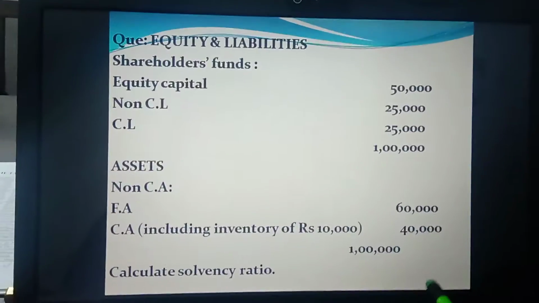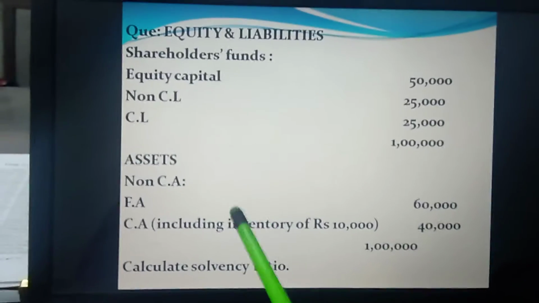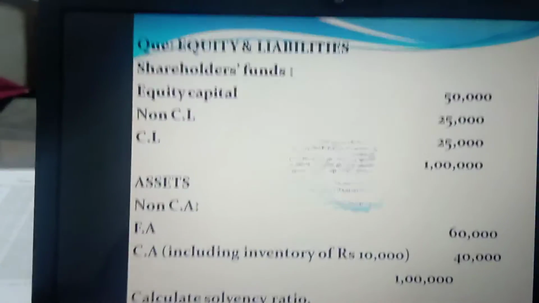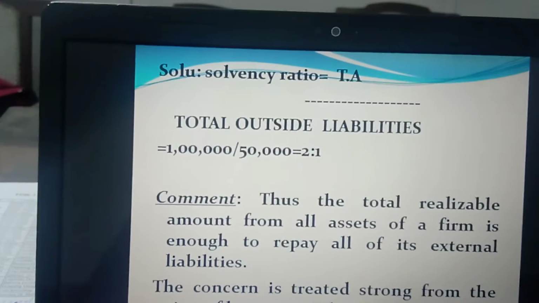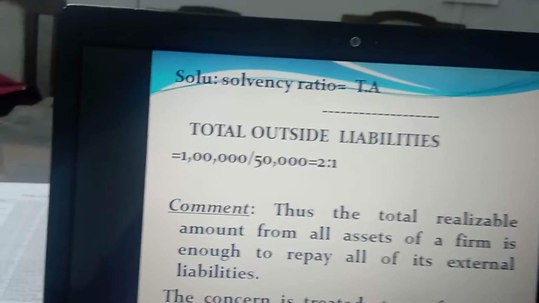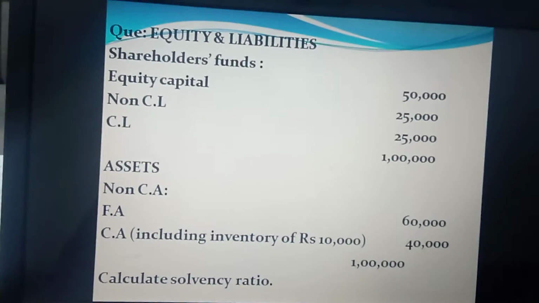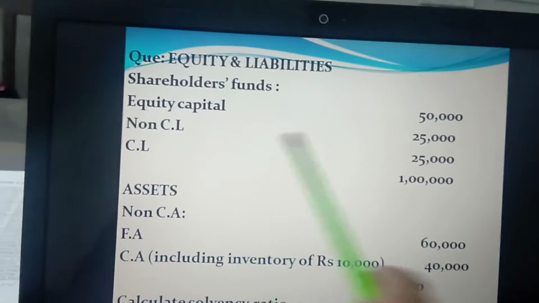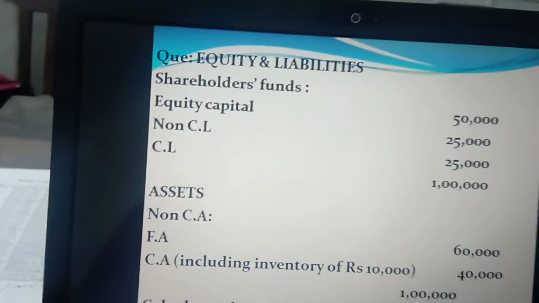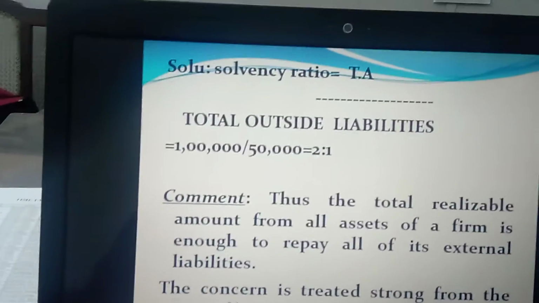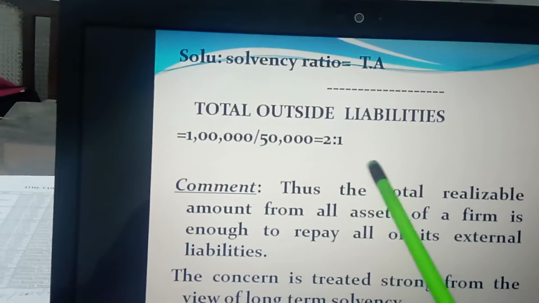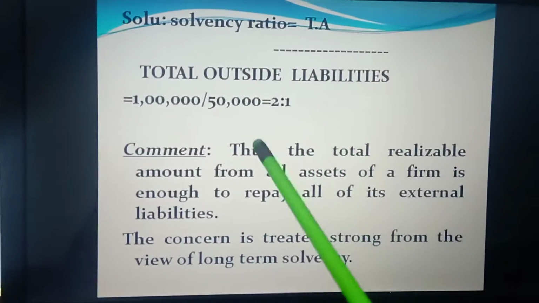Here we take all the totals, all the fixed assets plus the current assets. It is 1 lakh, where the total liabilities are rupees 50,000. So we will take the liabilities, that is only the equity capital, 50,000, for the total outside liabilities. So the answer is coming 2:1.